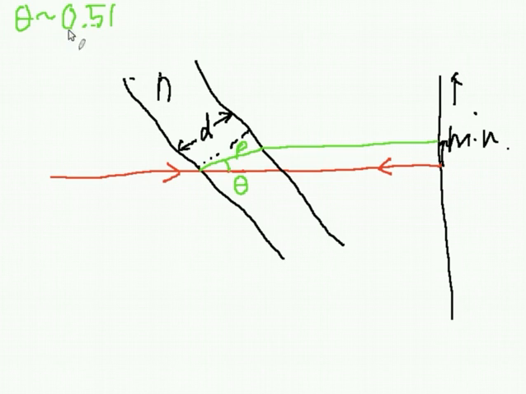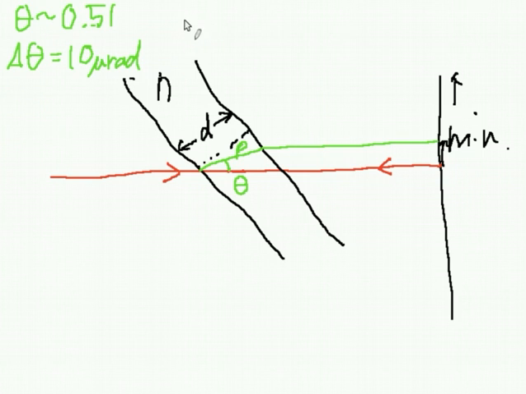Now, if a very small change in theta happens, how does p change? Let's just suppose that theta changes by 10 microradians again, just as we did in the previous example.